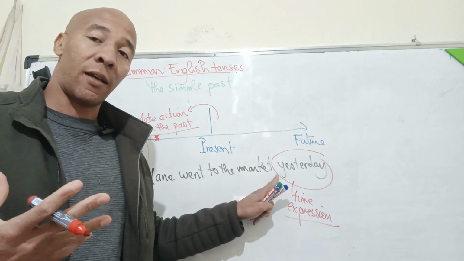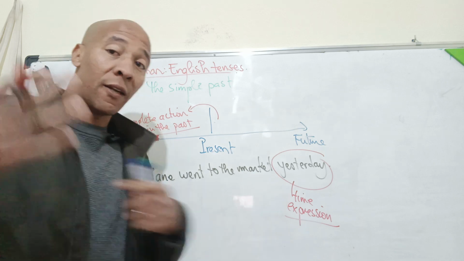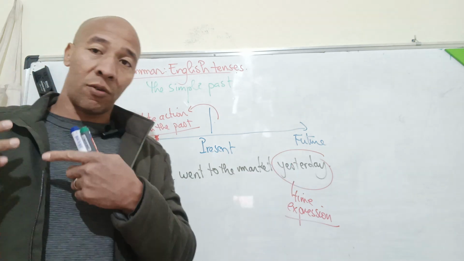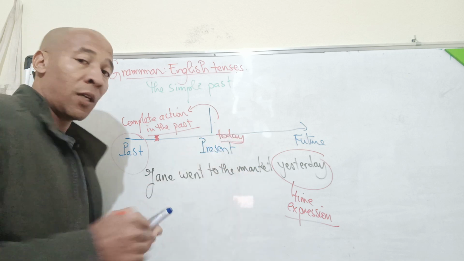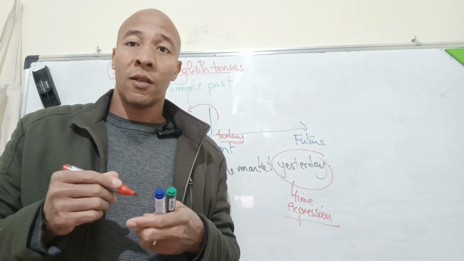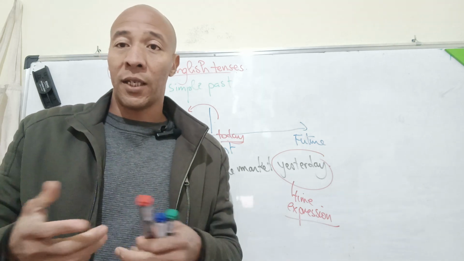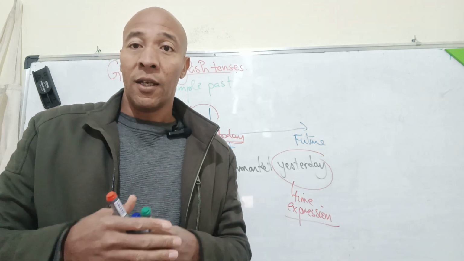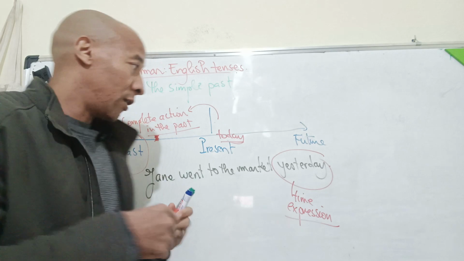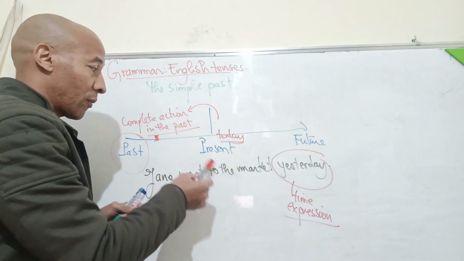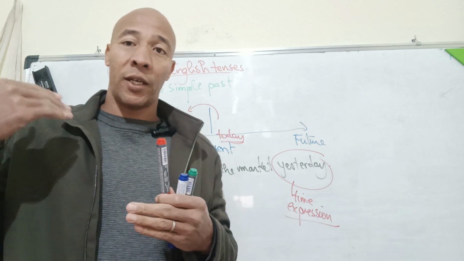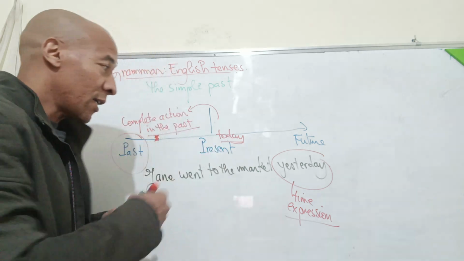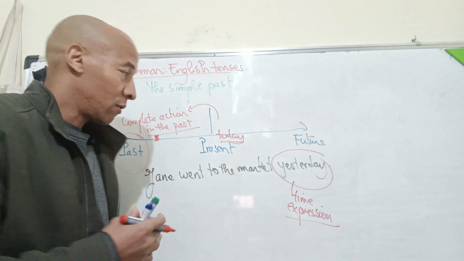It indicates that an action took place in the past. So we talk about yesterday. So we have today. It means now, today. So, for example, today is Saturday. Yesterday, we talk about the day before today. So, yesterday, what happened?